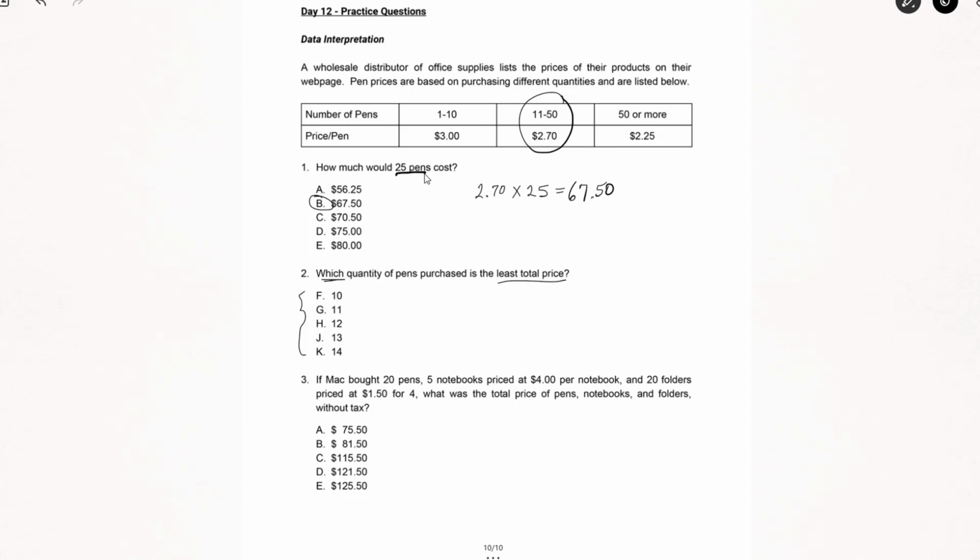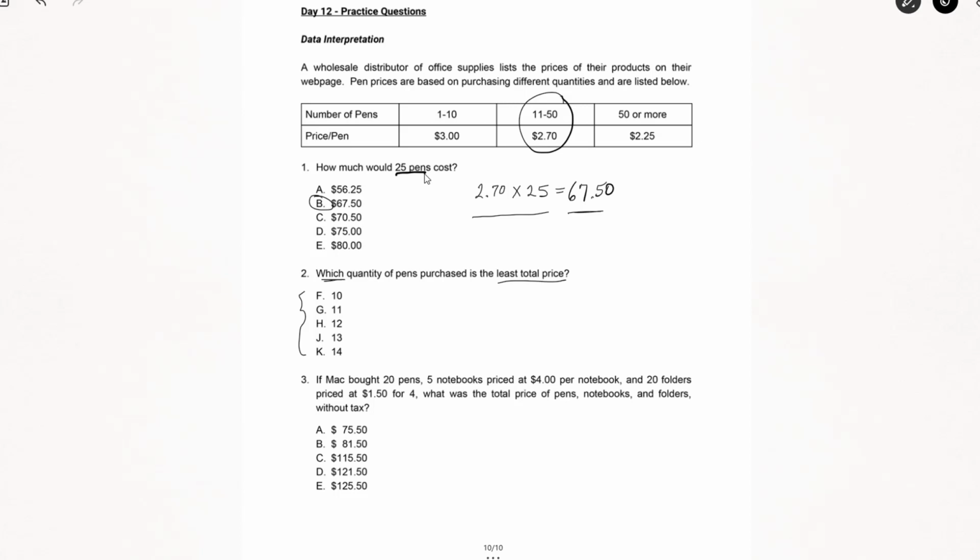As we saw in question 1, we were able to use different values from the table and what we were given, and then we calculated and found an answer. Here we're going to have to go with the answer choices and then use that to help us figure out the least total price.